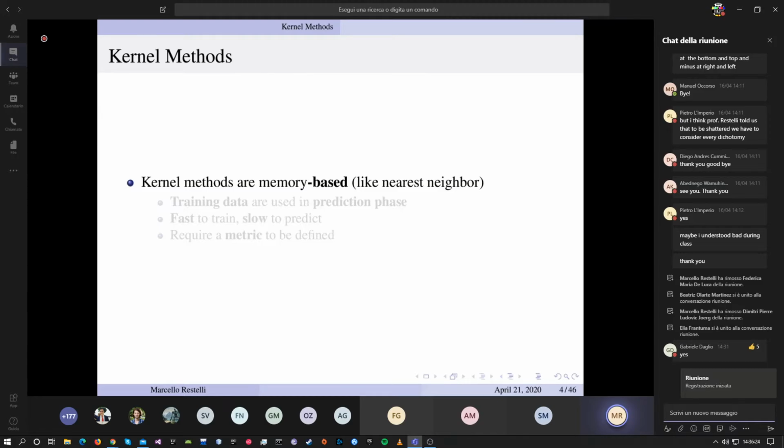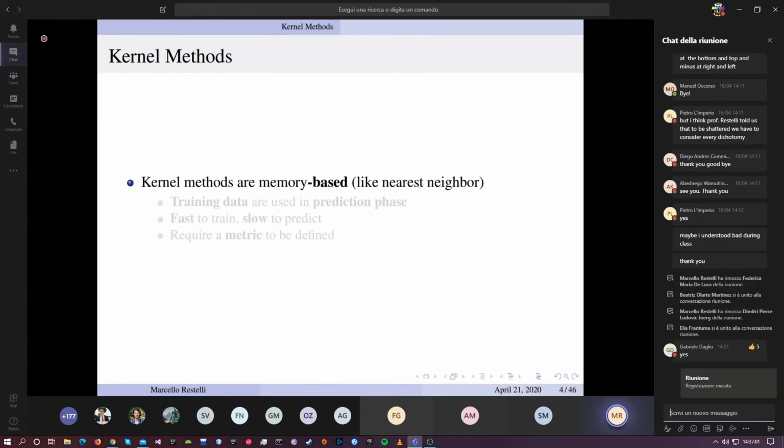I'll give you an example of this. Suppose that you use the k-nearest neighbor approach. The k-nearest neighbor approach is the method that takes the k examples in the dataset that are closest to the point where you want to do the prediction. So you get the input data where you have to do the prediction, you go back to the training set, you search for all the samples, and you select the k nearest examples to the one where you have to do the prediction.